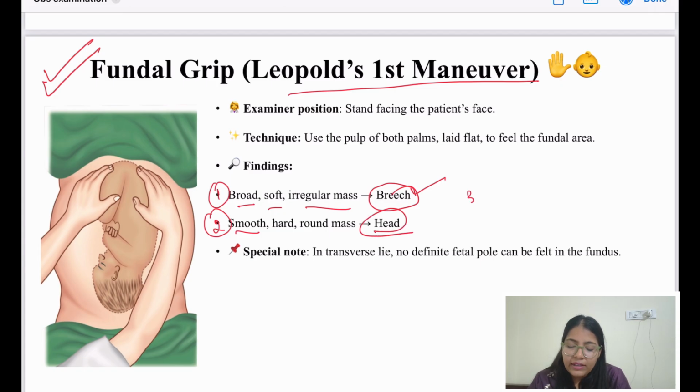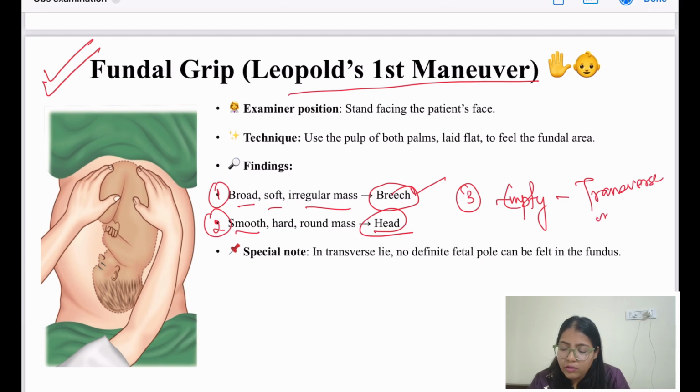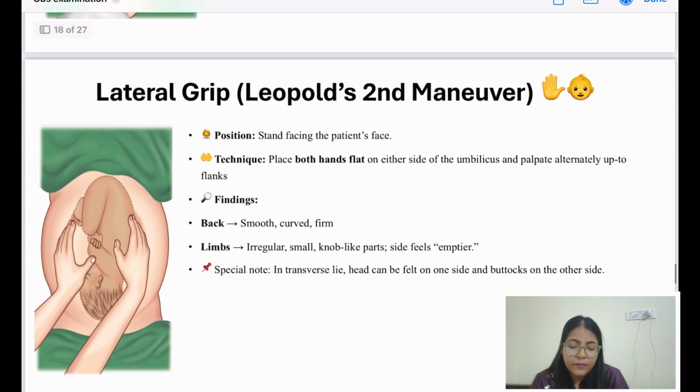The third thing is you may find nothing. It can be empty, as in case of transverse lie or oblique lie. So this is the information you can get from the fundal grip. Here it is being shown how you palpate, with the pulp of your fingers.